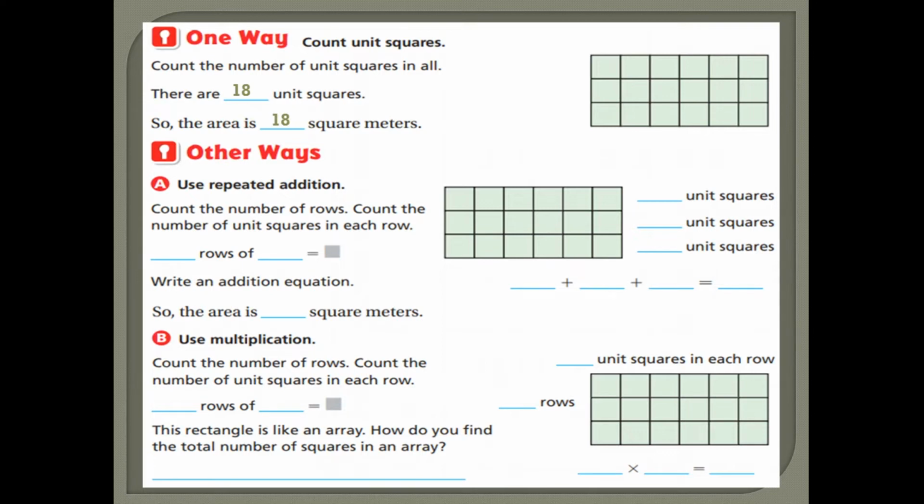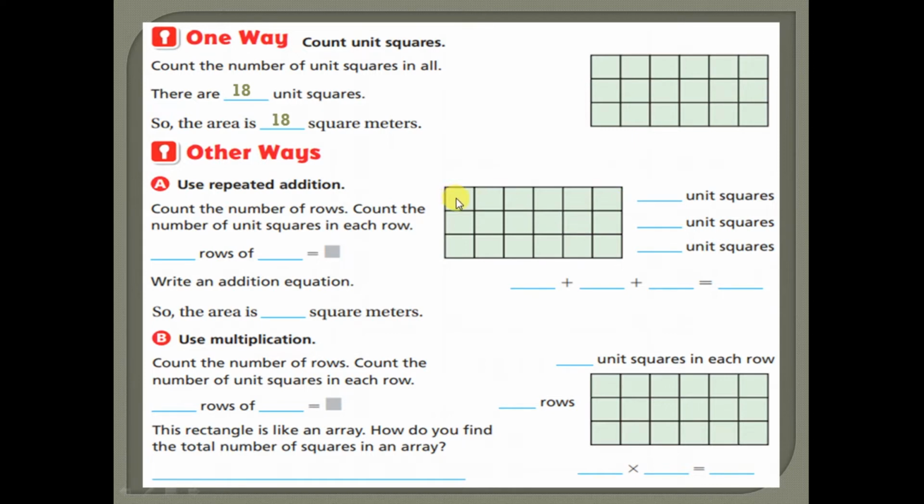The first way is to find the area by using addition. So let's start and figure it out. The first shape here consists of 2 rows, and we said a row means the horizontal line of tiles. So the first row here consists of how many tiles or squares?